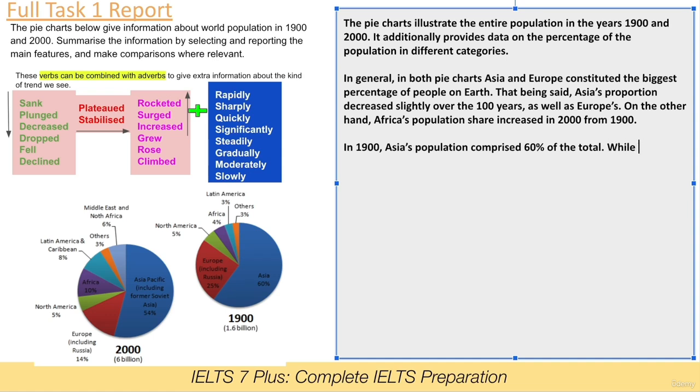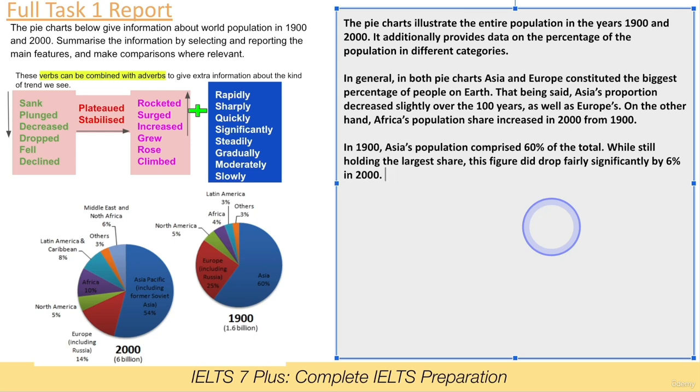So while still holding the largest, we can say proportion, we've used proportion, maybe share, that's a good word, the largest share, while still holding the largest share, this figure did drop 6%. It's quite significant. We could say maybe fairly significantly, by 6% in 2000.